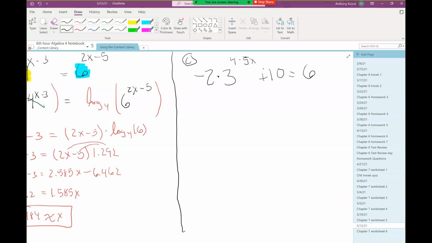Okay, so our plan is going to be to isolate the exponential part. To do that, I'll subtract 10 from both sides to start.